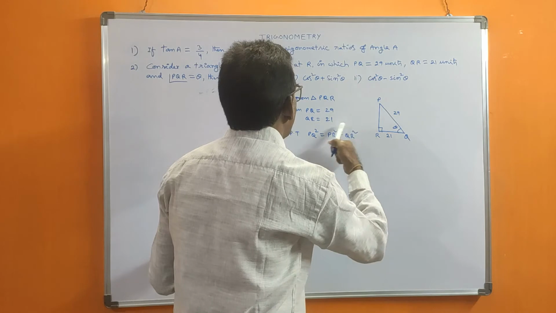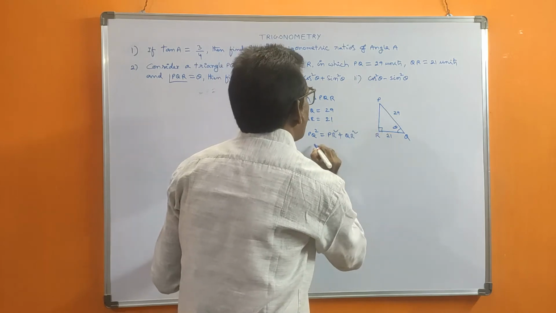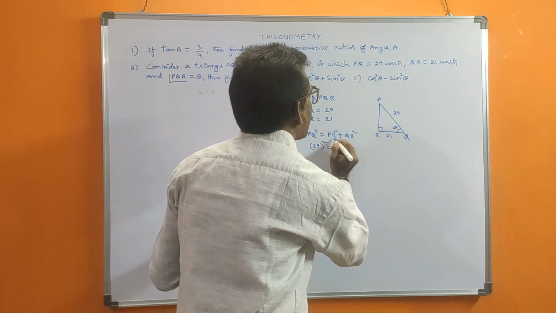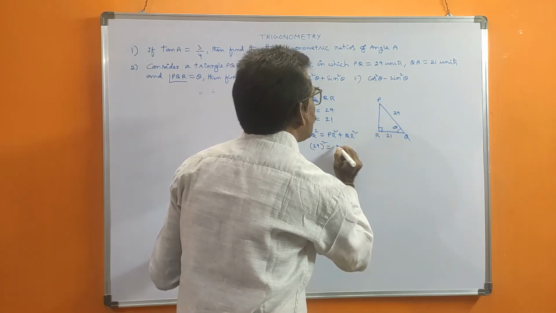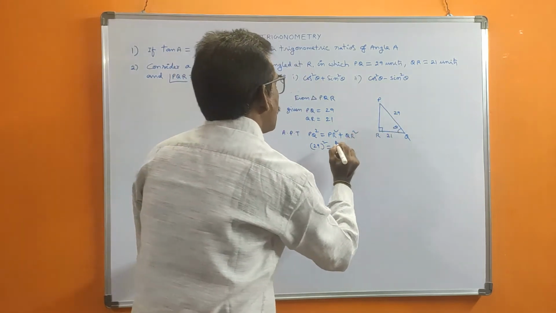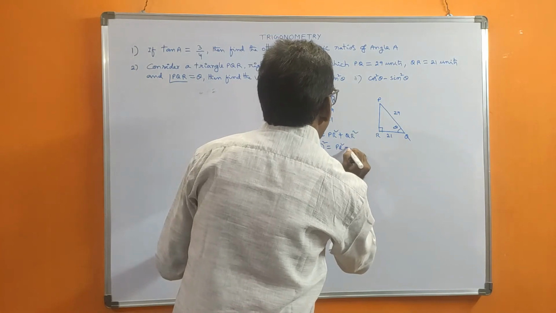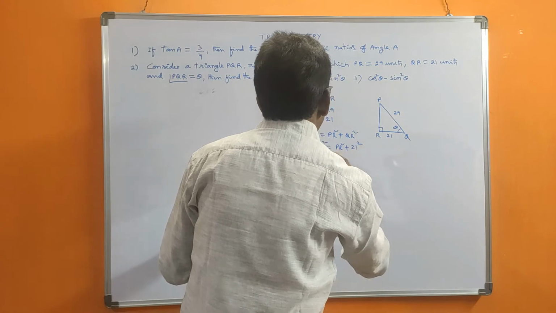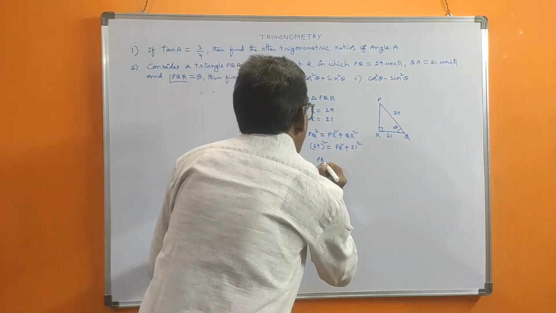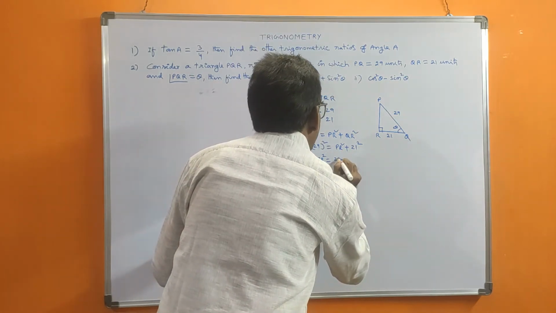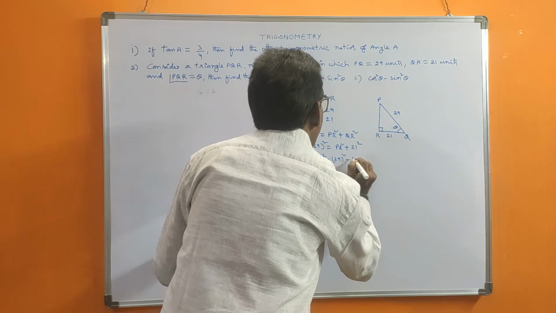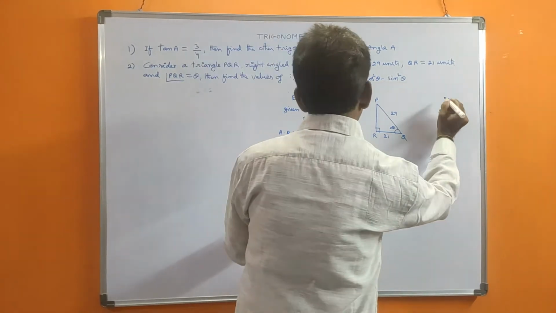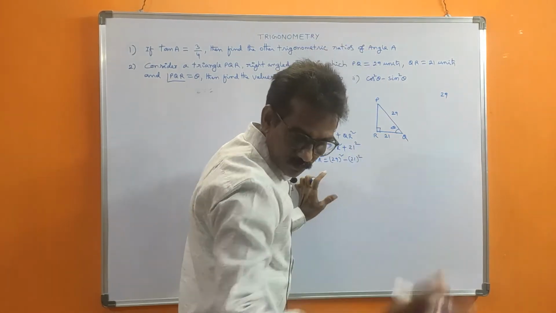PQ is 29, so 29 square is equal to PR square, PR we don't know, leave it like this, plus QR square, 21 square. Now from this, PR square is equal to 29 square minus 21 square. These values you should find out in rough.